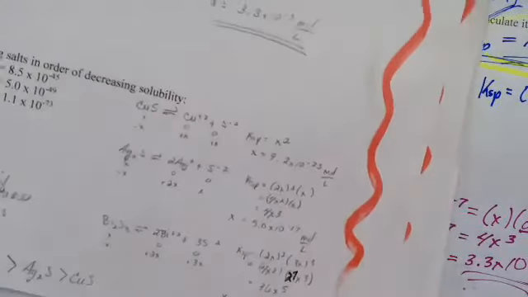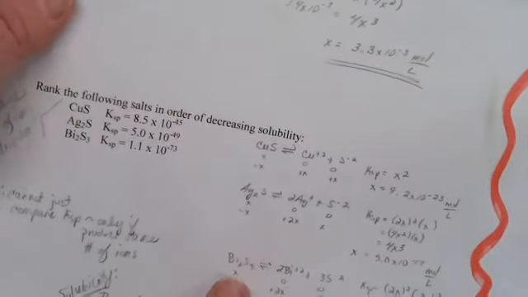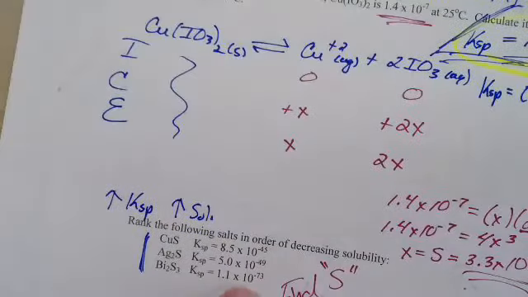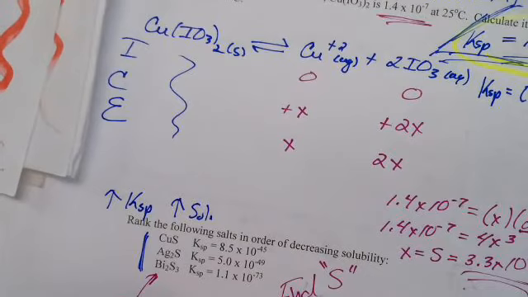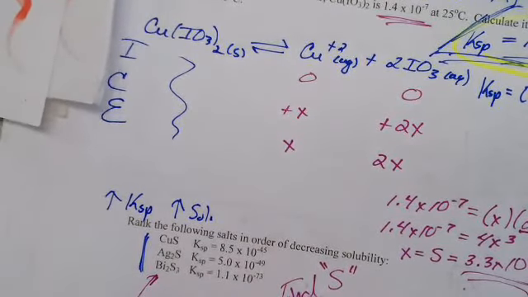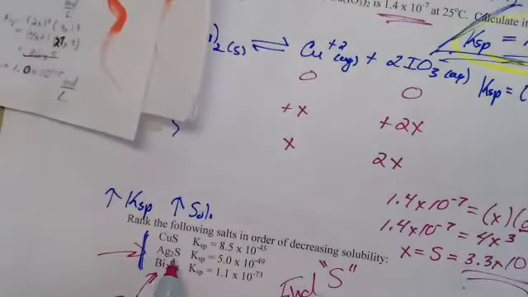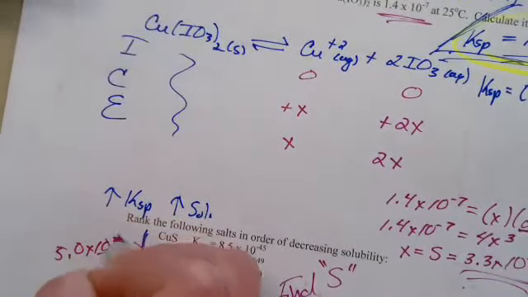And actually, the bismuth sulfide, even though it's 10 to the negative 73rd, the solubility for that is 1 times 10 to the negative 15th, where the solubility of silver sulfide ends up being 5 times 10 to the negative 17th.